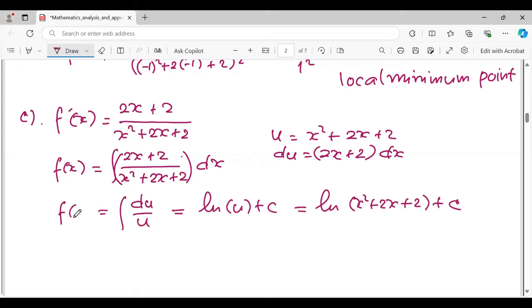This is f(x). And f(x), according to the statement, equals 3 ln 3 plus ln 10.